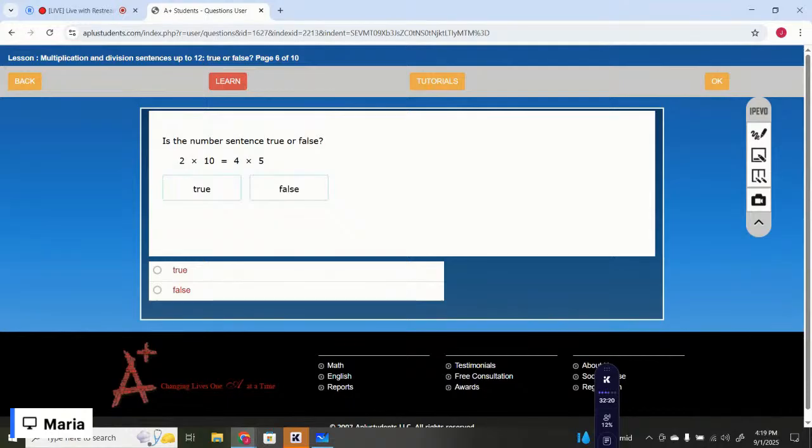Is the number sentence true or false? 2 times 10 and 4 times 5. True, it is.